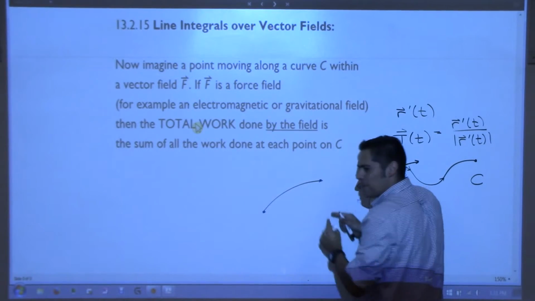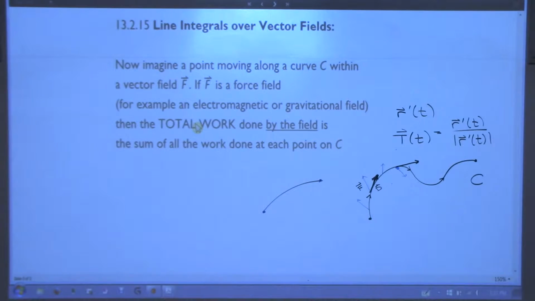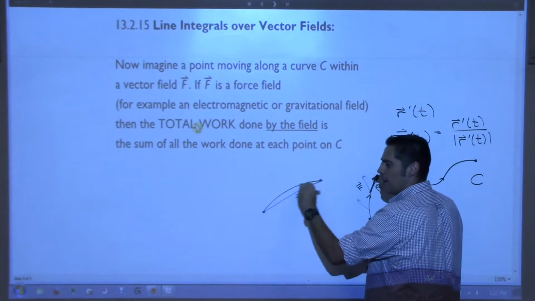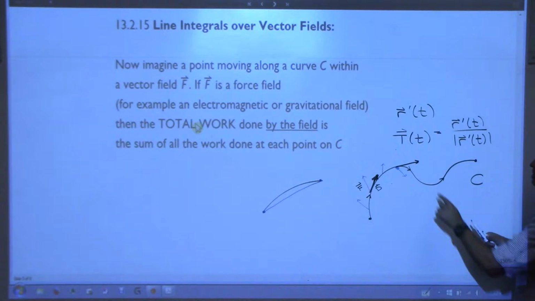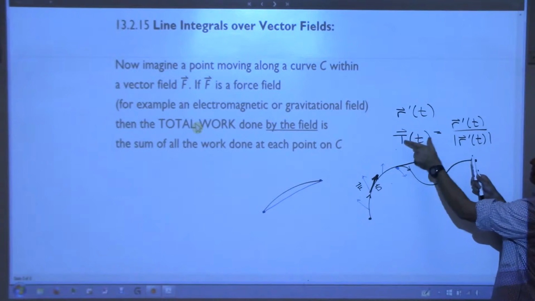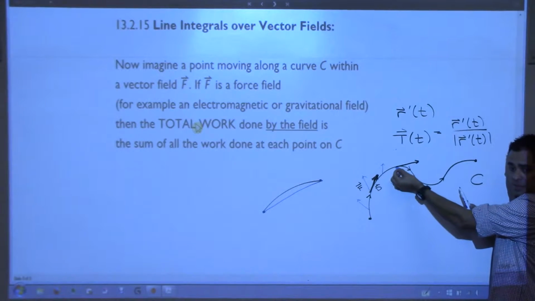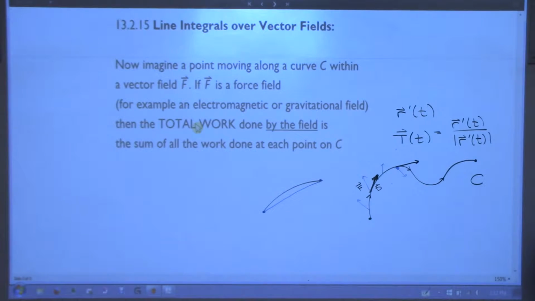What could I use to approximate that little tiny thing? The arc length. Isn't that how we approximated it last class? If we want to approximate how long this is, we just use the little arc length formula. So I'm going to take the tangent vector, make it length 1, and then scale that by the infinitesimal arc length, and that will pull it back so that it gives me the displacement. I hope that makes sense. That's exactly what we do. All right, let me show you the formula on the next page.